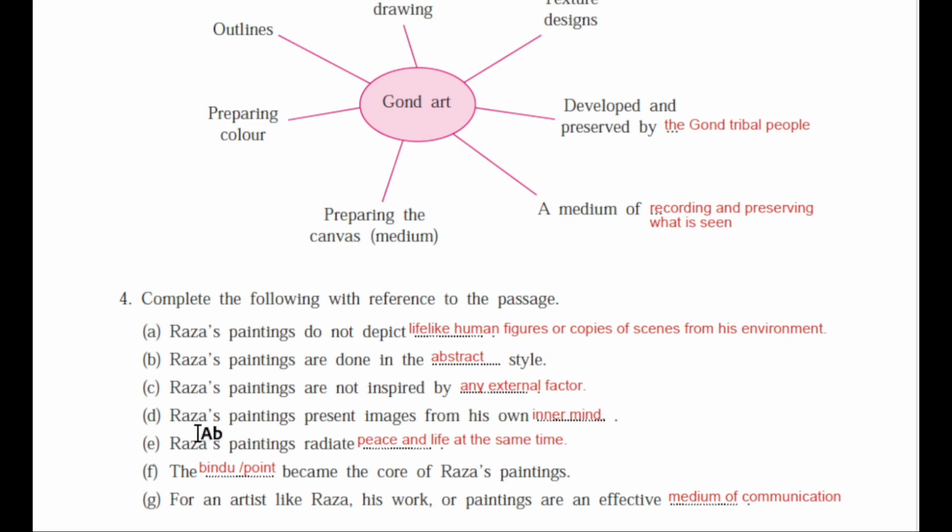D. Raza's paintings present images from his own inner mind. E. Raza's paintings radiate peace and life at the same time. F. The bindu or point became the core of Raza's paintings. G. For an artist like Raza, his work or paintings are an effective medium of communication.